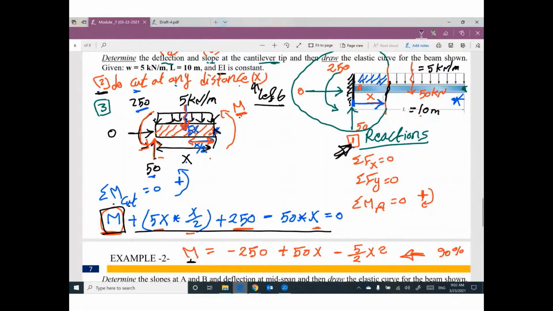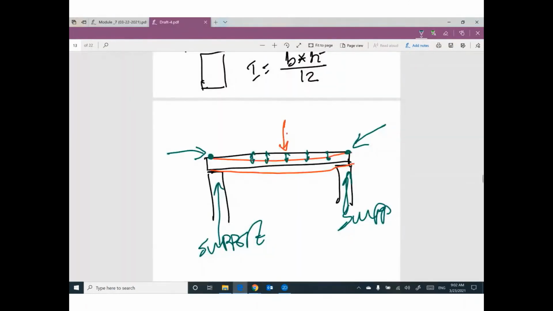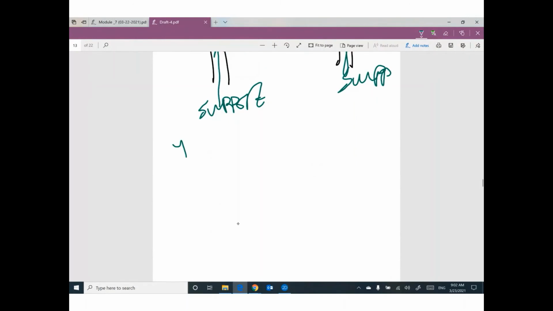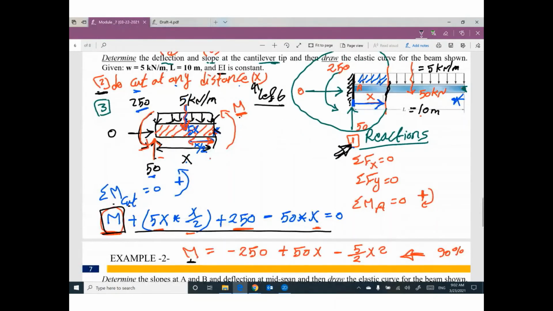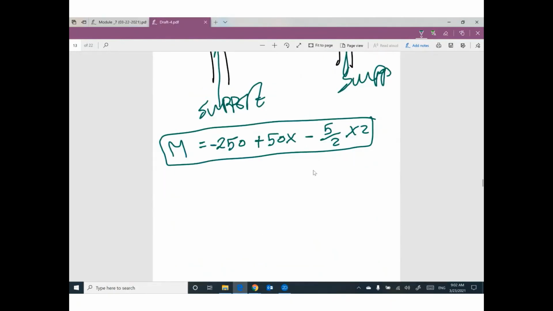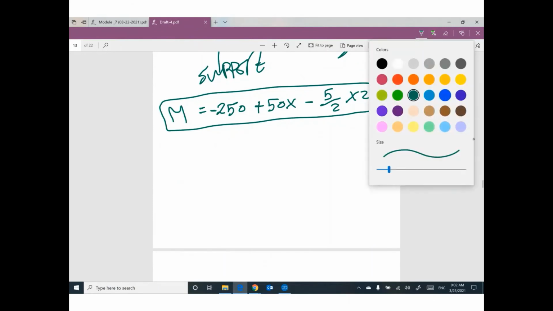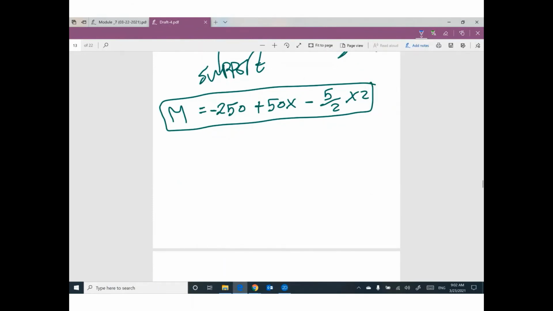So right now, your moment M equals 250 minus 50x. That's right. No. Negative 250 plus 50x minus 5 divided by 2 x squared. Here is the equation of moment. The following step is I will apply the Bernoulli expression.